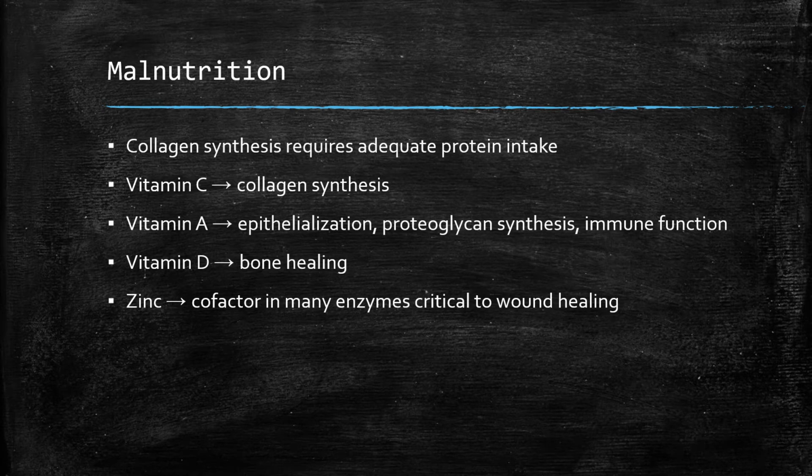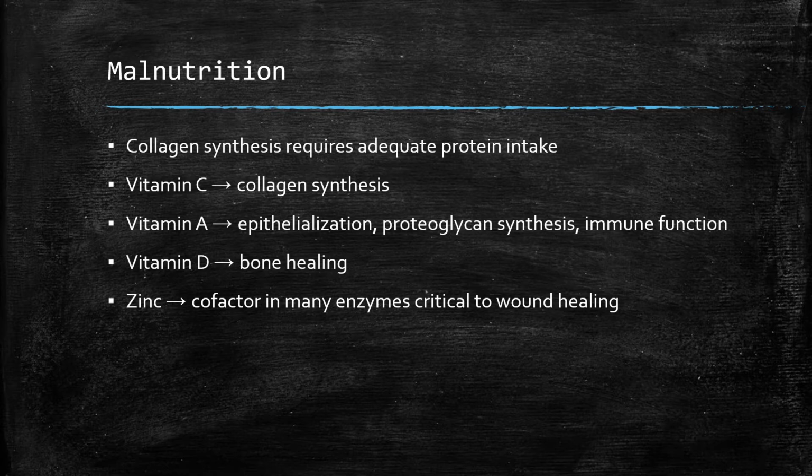Wound healing is very energy intensive and requires adequate calorie intake for the process to proceed. In addition, sufficient amino acids must also be available to synthesize collagen and wound matrix. Besides adequate calories and protein, multiple vitamins and minerals must be available as well.